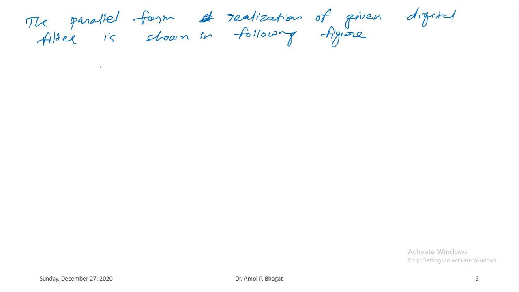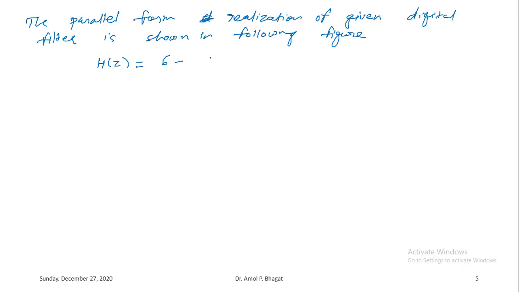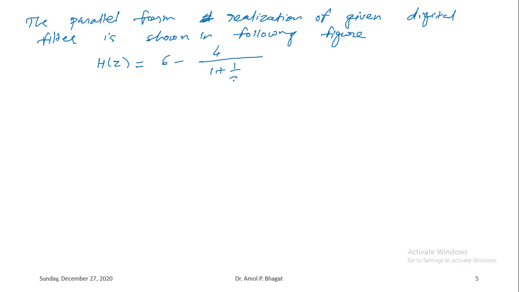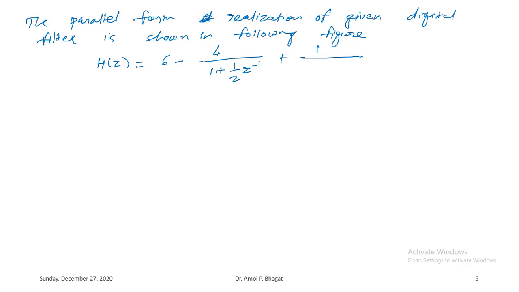Okay, so before drawing this structure, I'll just rewrite this equation. H of z is equal to 6 minus 4 upon 1 plus 1 by 2 z inverse plus 1 upon 1 plus 2 z inverse. Okay, now how to draw it? So again, in input you can indicate x of n or x of z, right?